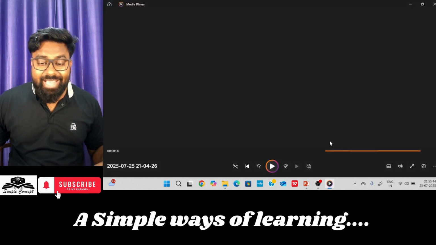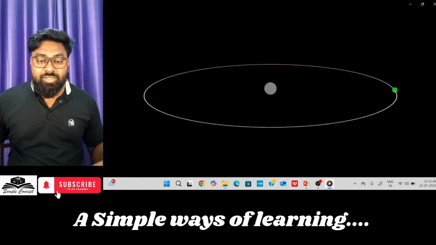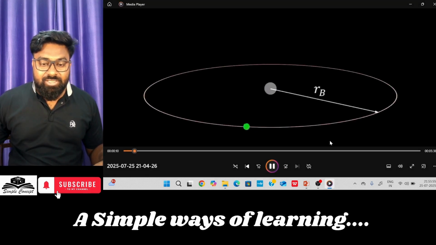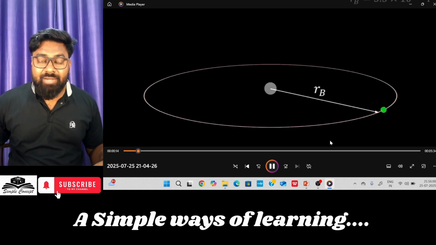Here we actually see how the orbitals look. In the video there is one electron around the nucleus, where r means radius.